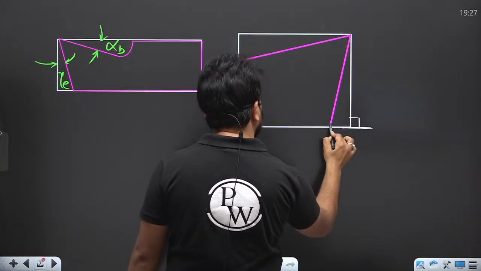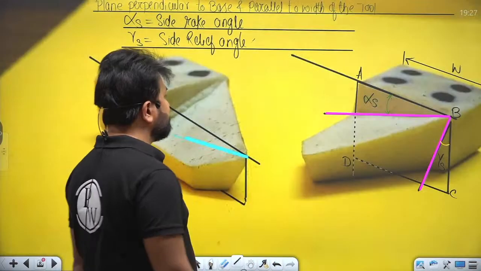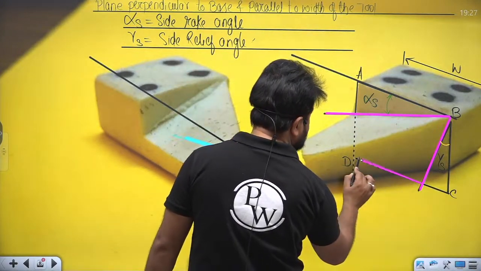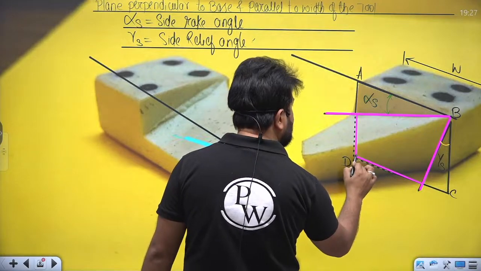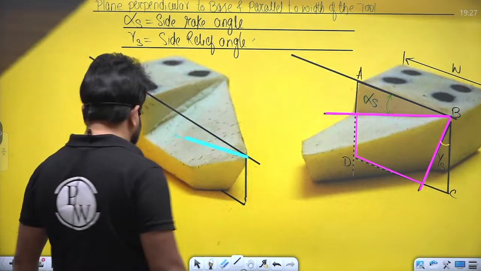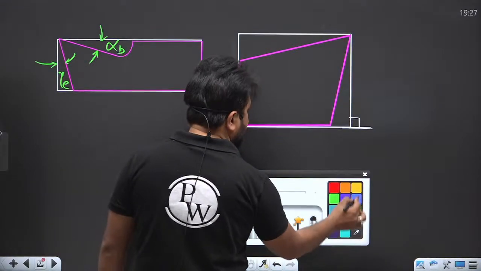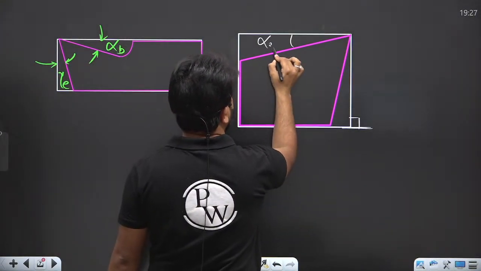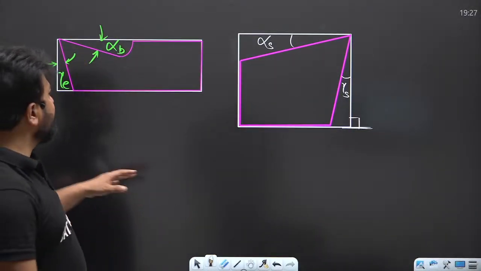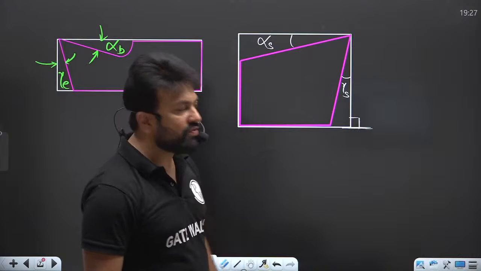In this plane, this type of projection you are going to see. Am I clear? So I have drawn a similar projection here. This is your side rake angle, and this is your side relief. So how many angles you understood? Back rake angle, end relief angle, side rake angle, side relief angle. So four angles you understood.